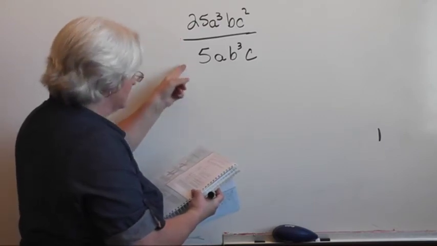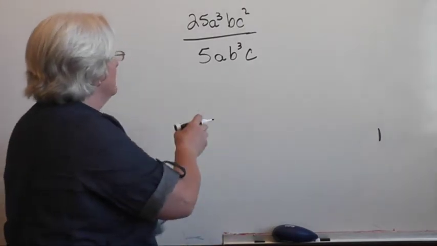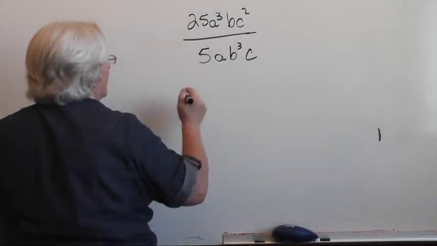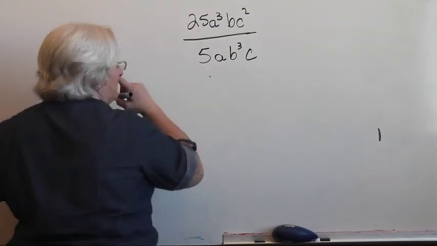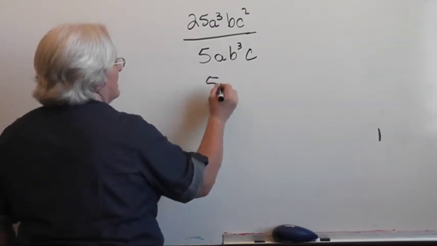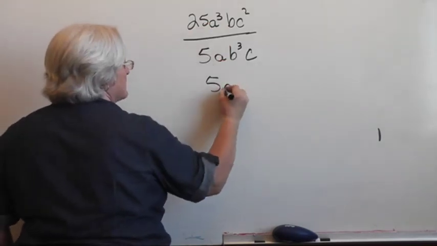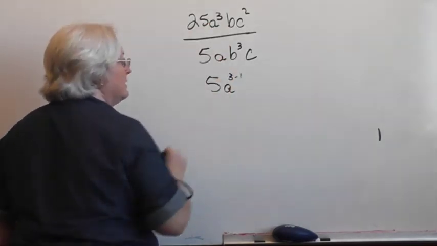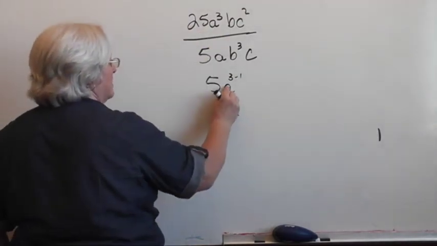25a cubed bc squared over 5ab cubed c. 25 divided by 5 is 5, right? How do you divide a cubed over a? Well, that's a to the 3 minus 1, isn't it? You keep the base, subtract the exponents.